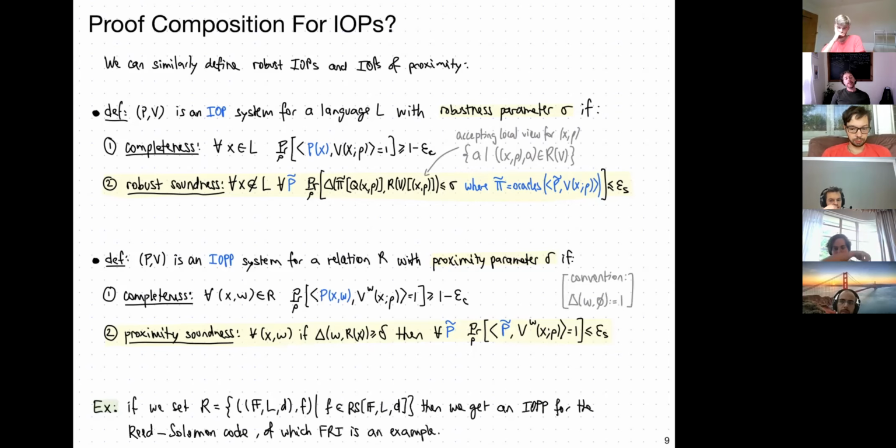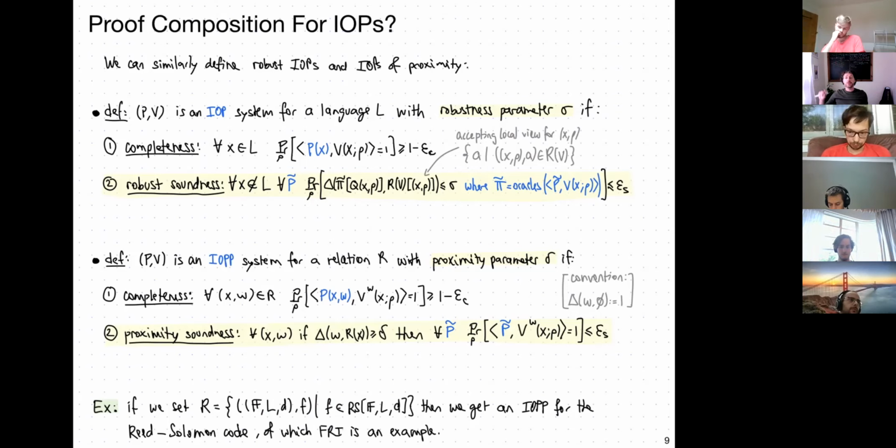Exactly as we saw in FRI, if we set this abstract relation to be just Reed-Solomon codes, all univariate polynomials of low degree, then the FRI protocol is exactly an IOP of proximity. Why? Because we are making a small number of queries to the input, which is the function that we want to test whether it's a polynomial of low degree or not.